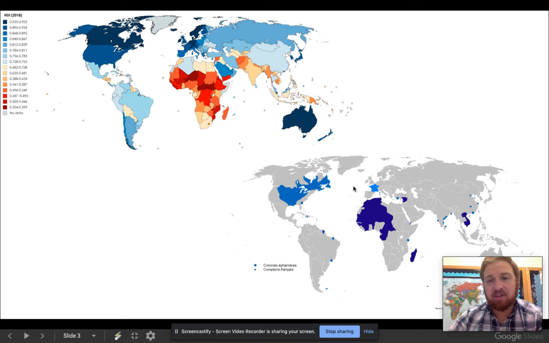And if you look, you can see that there's some overlap here with colonies under French rule, and those same areas today are struggling. So if you match those up, we learned last week that geography can affect the fate of a country or a whole continent, but also perhaps maybe colonization had something to do with it.